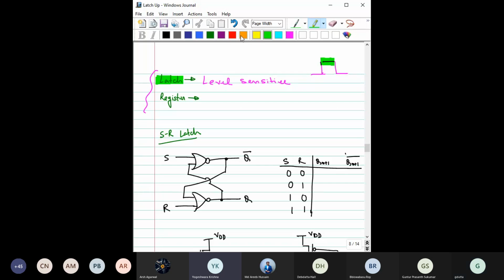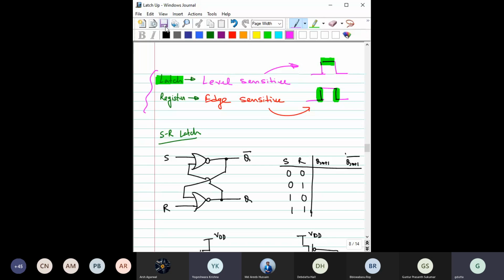Whereas a register is basically edge sensitive. For a register, it is these two edges that play the major role, either the positive edge or the negative edge, depending on how you have designed your circuit.